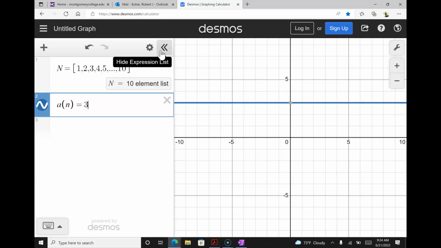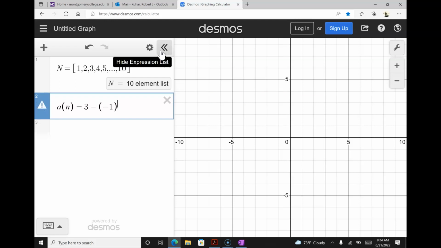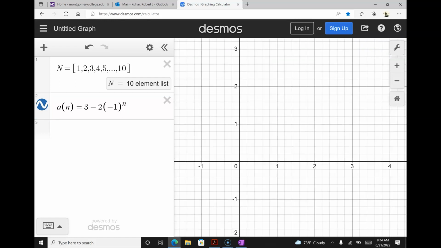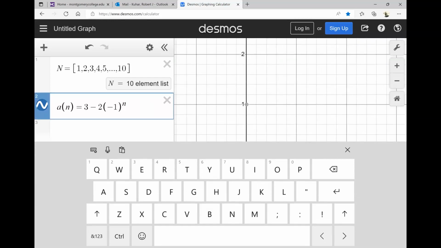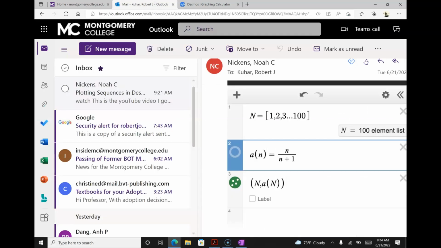It was 3 minus the negative 1 raised to the n times 2. I might put the 2 out here, prettier. And now, finally, this notation, which is going to be plotting the points, sorry, the coordinates.